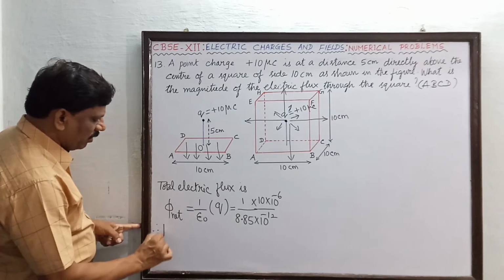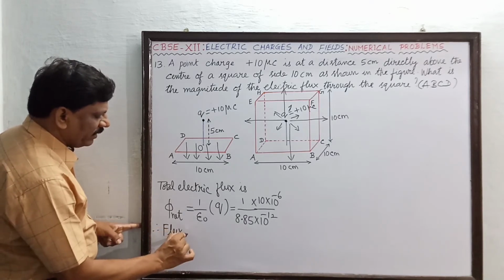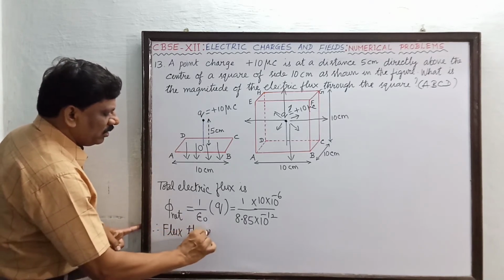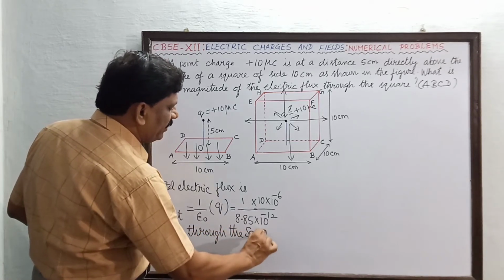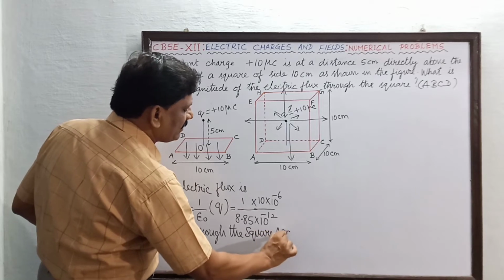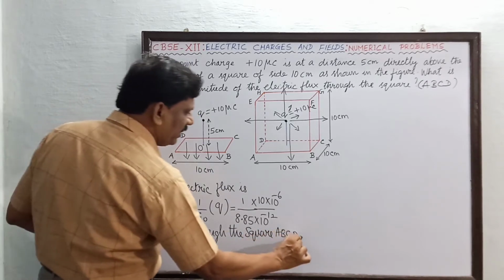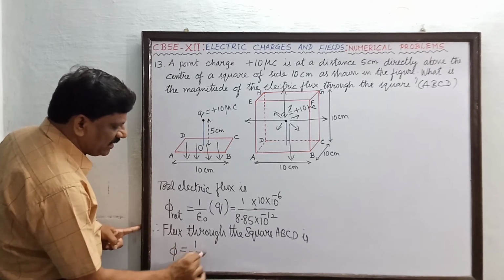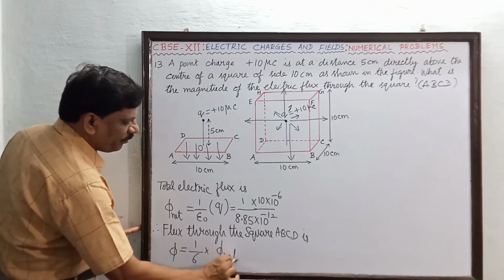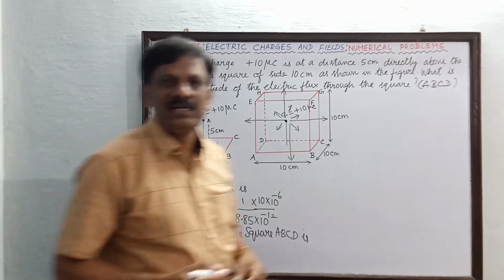Therefore flux through the square ABCD alone is phi equal to 1/6 of the net flux. Are you understanding or not?